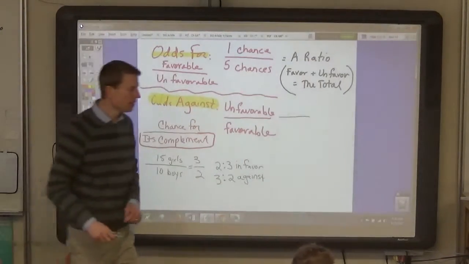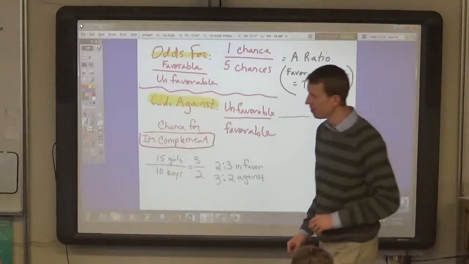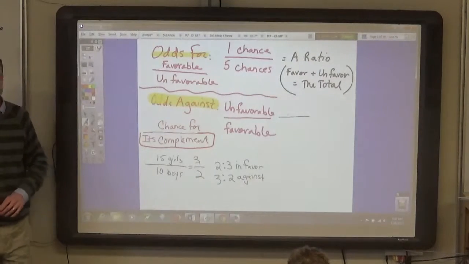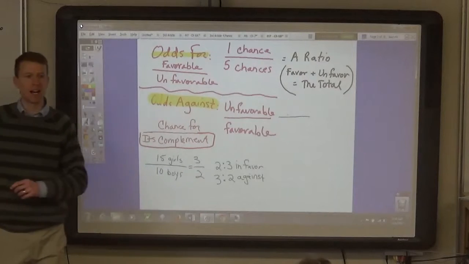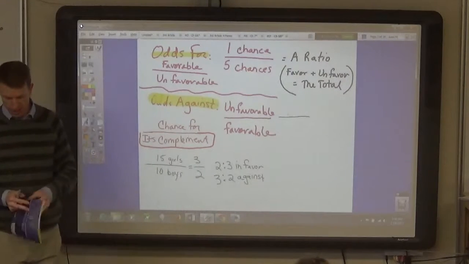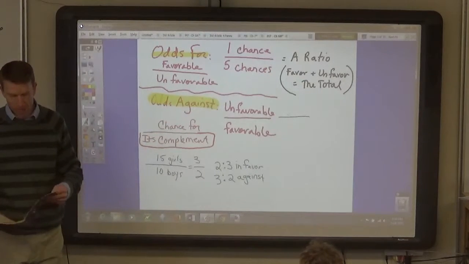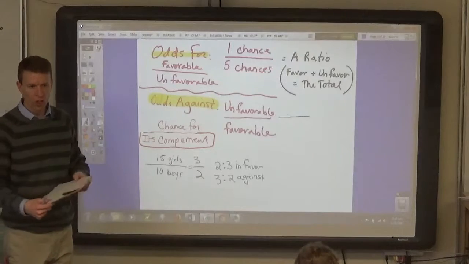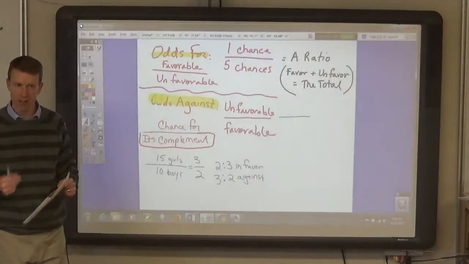In your worksheet, here it is. Okay, on your worksheet, the first section, on the practice side, gives you the word probability and asks you some questions about choosing a letter out of that.